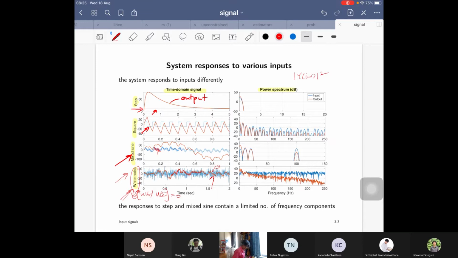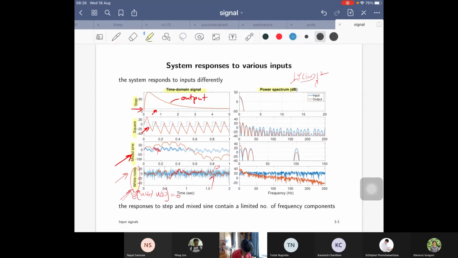It is the power because you can look at the signal when you take the Fourier transform, and then you take the magnitude, right, squared. So it represents the power, and of course, in signal processing, the power of a signal in time domain and in the frequency domain are preserved; they are equal.